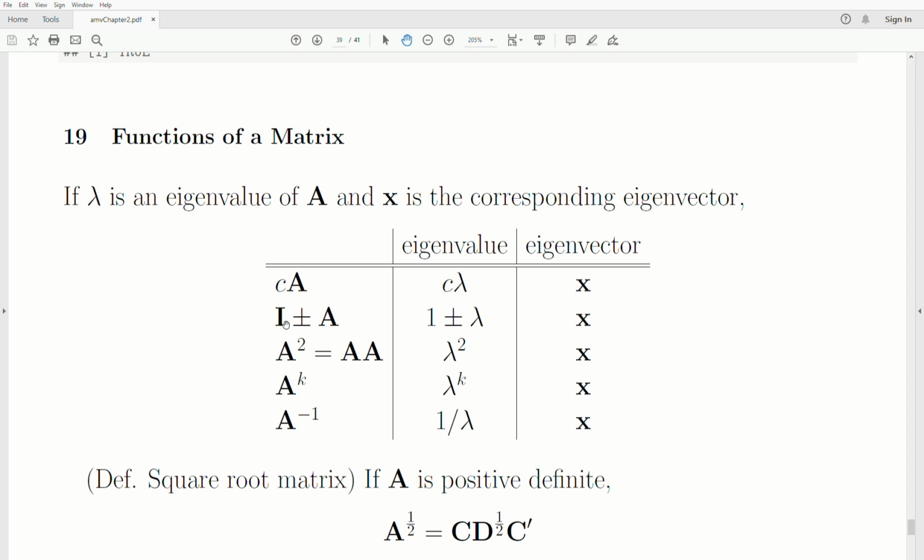Now if we take the identity matrix plus or minus the matrix A, then the eigenvalue associated with that result is 1 plus or minus lambda, same eigenvector. A squared, lambda squared is the eigenvalue. A raised to the k, lambda to the k is the eigenvalue. The inverse of A has an eigenvalue of 1 over lambda. And so they behave like we think they should.